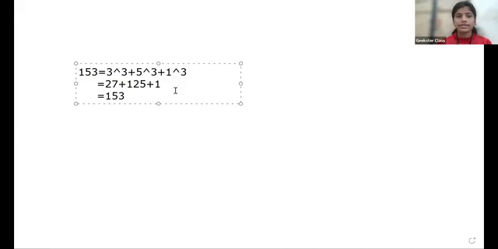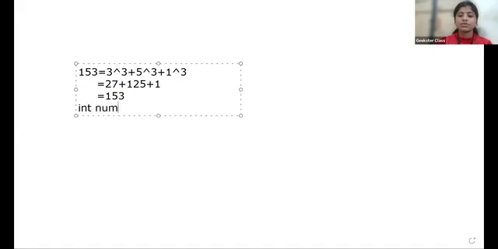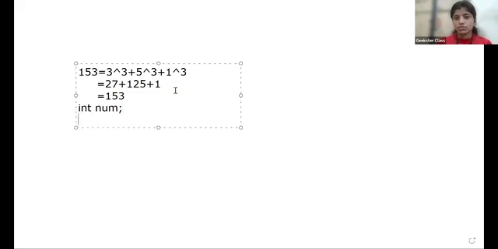Yes, okay. So let's suppose we have taken the input of this number in a variable num. Next, we'll be extracting the digits. We have to check whether it's equal to its previous number or not, so we require one more variable for storing the same number.